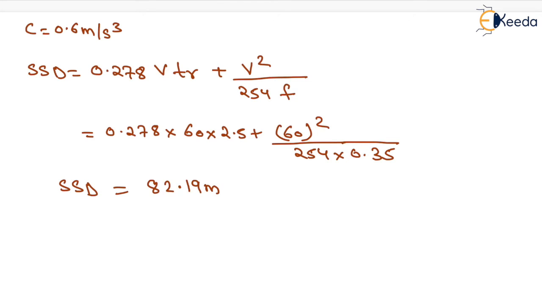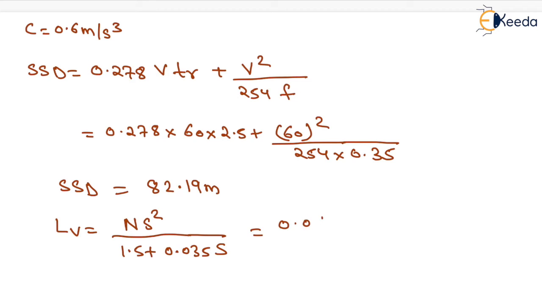Now we have to calculate the length of valley curve, which will be equal to N S square upon 1.5 plus 0.035 S, according to the headlight sight distance. Now we will put the value of capital N as 0.066.